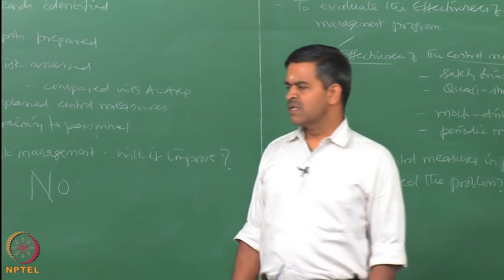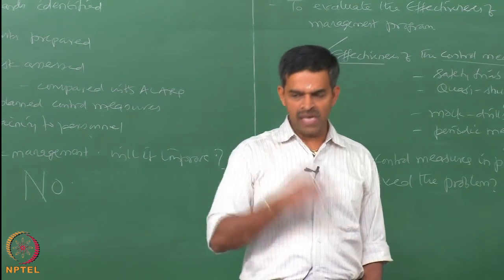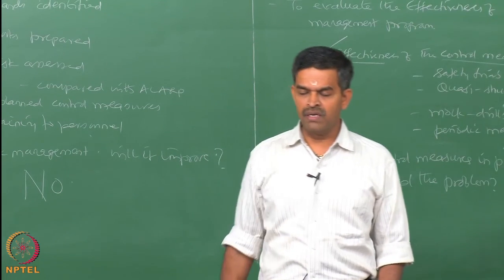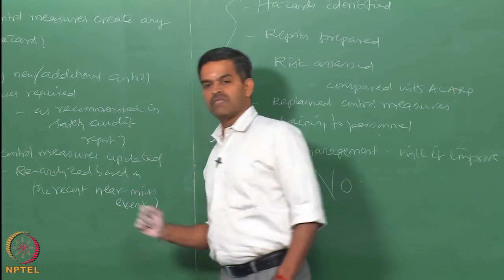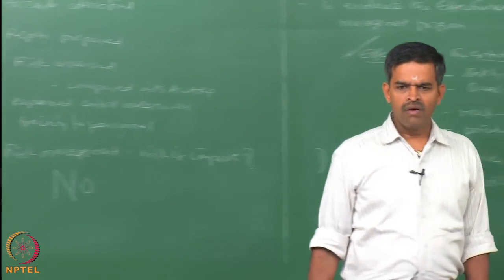Ultimately, we know that a risk management program is considered to be successful only when the evaluation says that the effectiveness of the control mechanisms are implemented and they are reassessed, reanalyzed based upon very recent near miss events. So, it is a constant and continuous iterative scheme of HSE practices in industry.